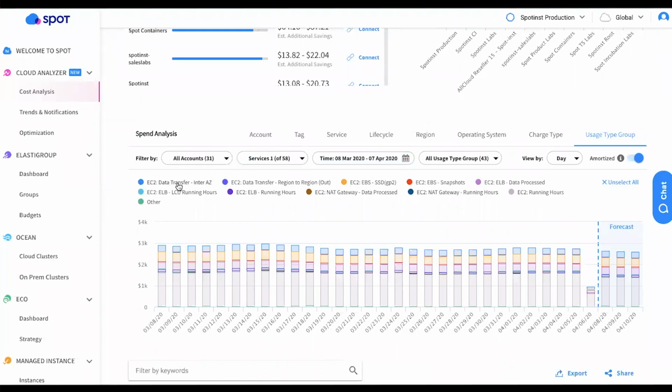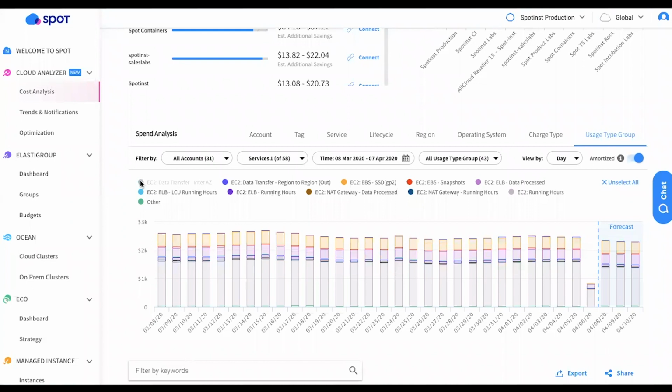So I can see I have data transfer costs, I have some EBS costs, I have running hours, and so forth. If I want to now get rid of some of these, let's say I'm not really interested in inter-AZ, inter-availability zone data transfer, I'll just deselect that, and it will remove it from the graph.